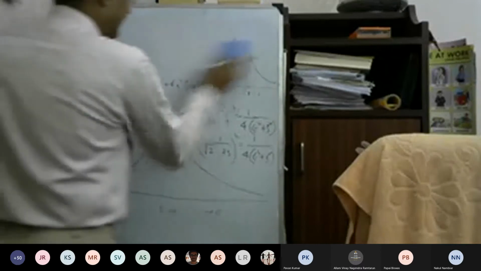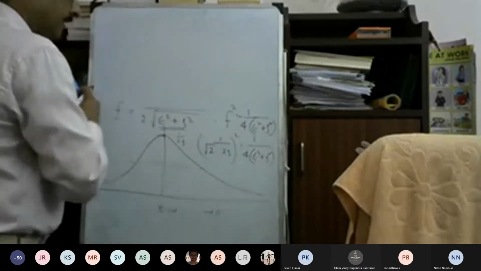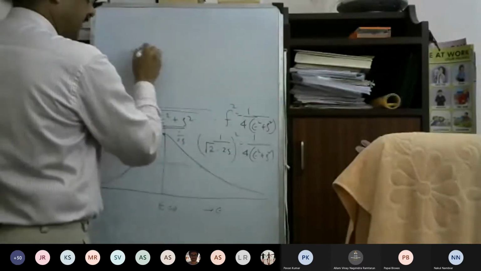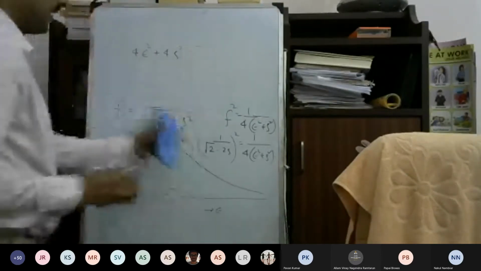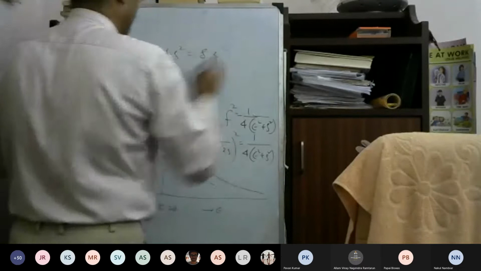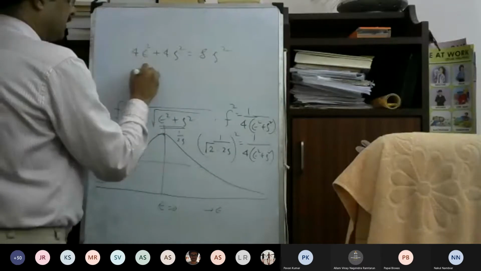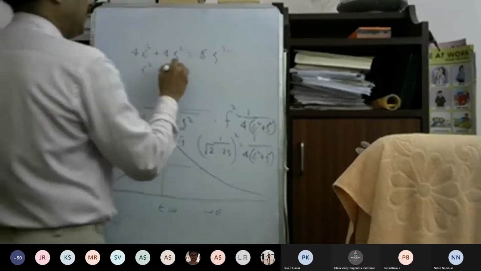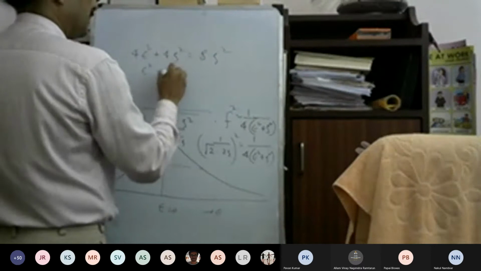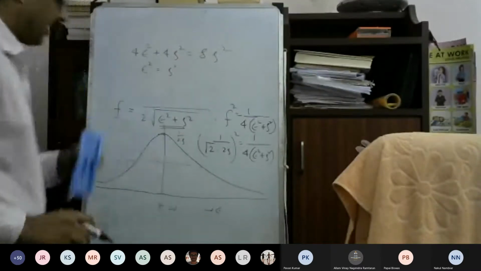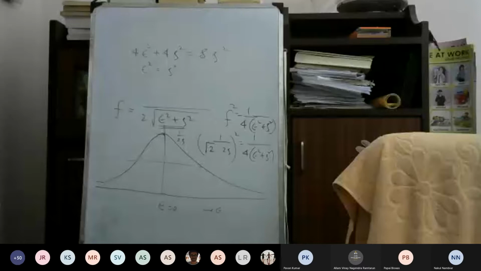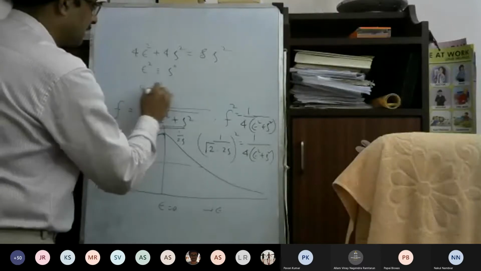So one can check here, let us say that 4 epsilon square plus 4 zeta square equal to 8 zeta square. So epsilon square will be equal to zeta square. So now you see one thing is that epsilon will be equal to plus minus zeta.